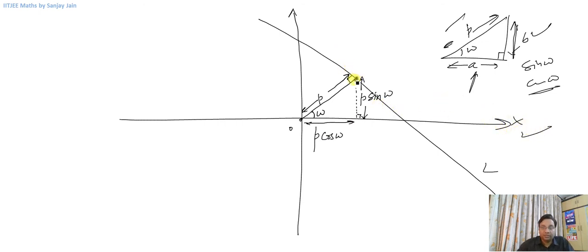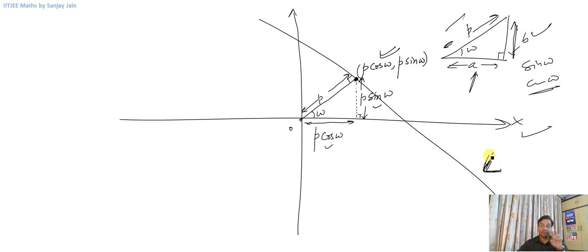So what can you tell me about the coordinates of this point? These coordinates will be, because the abscissa is P cos omega and ordinate is P sine omega, the coordinates of this point will be P cos omega comma P sine omega. And you can notice that this point that I've got lies on this line L, right?